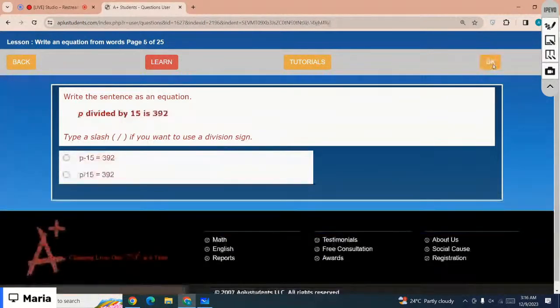Okay, P divided by 15 is 392. So which is the correct option?